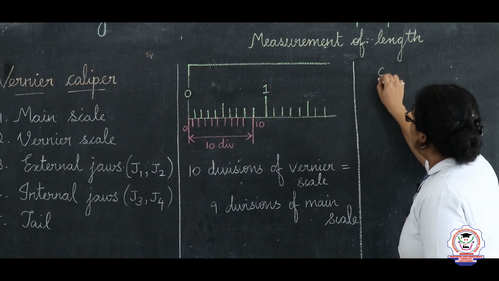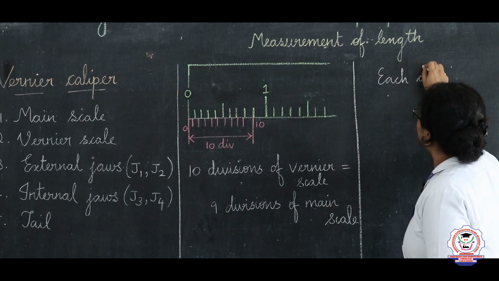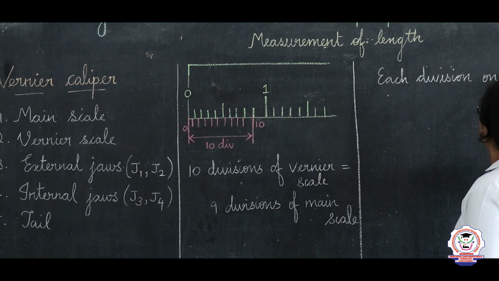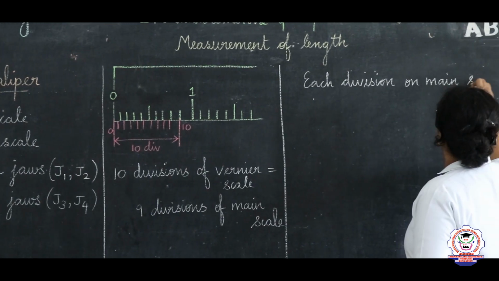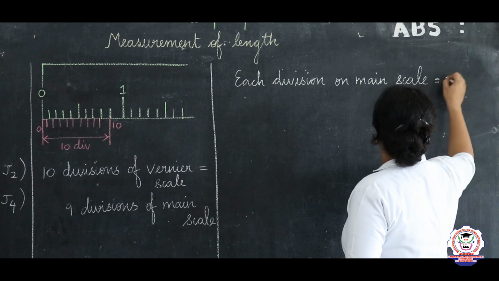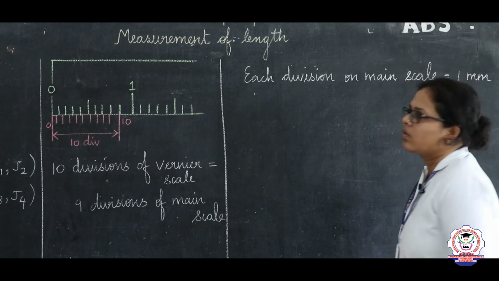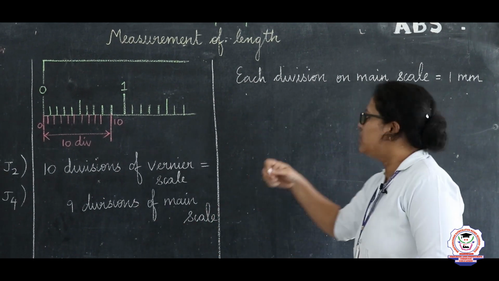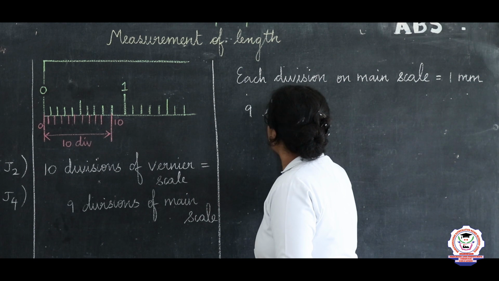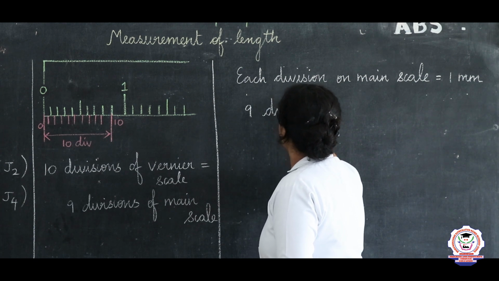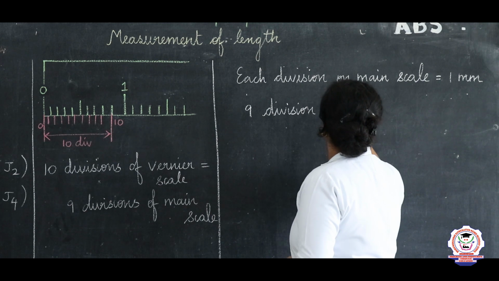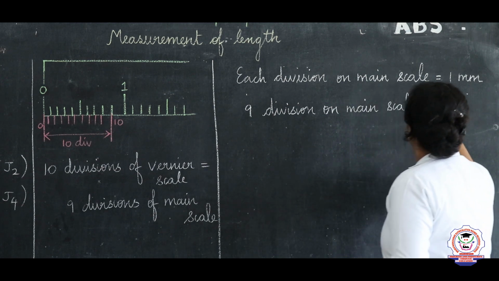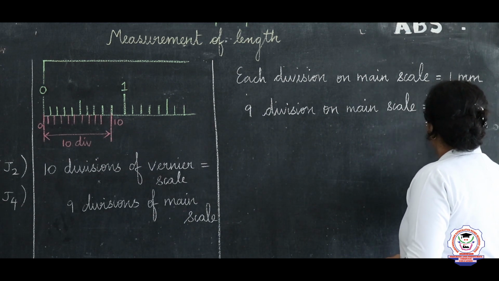And we all know that each division on the main scale is equal to 1 millimeter. So, I can write the 9 divisions on the main scale as 9 into 1, which is 9 millimeter.